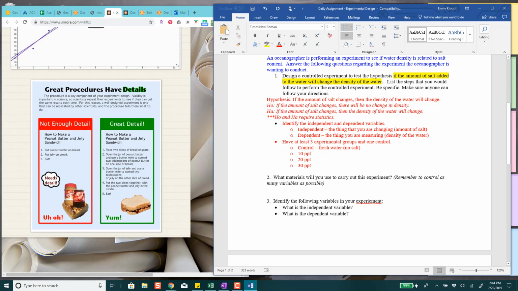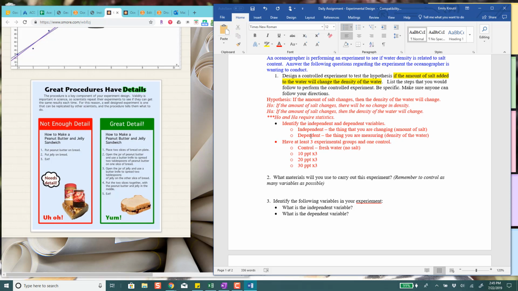Now, if you really want to do a really good experiment, you would have at least 3 of each of these. Okay, so you would have 3 containers of 10 parts per thousand, 3 containers of 20 parts per thousand, and 3 containers of 30. And if you wanted, you could also have 3 containers of control, and that would make sure that if something happens to one of your controls, you've got a backup, which is another good thing about having replicates, right?